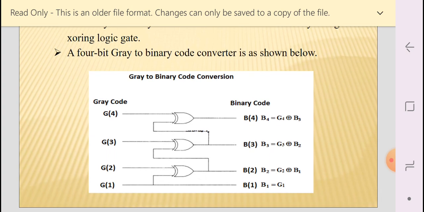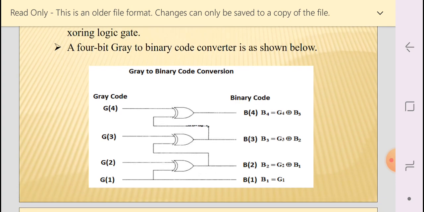This is the circuit diagram of the gray code to binary code conversion. It is obviously 4 bit: G1, G2, G3, G4. These 4 bits are the input bits, that is the gray code. Look at G1 and B1: B1 equal to G1, that is, the G1 input is directly connected to the B1 output.